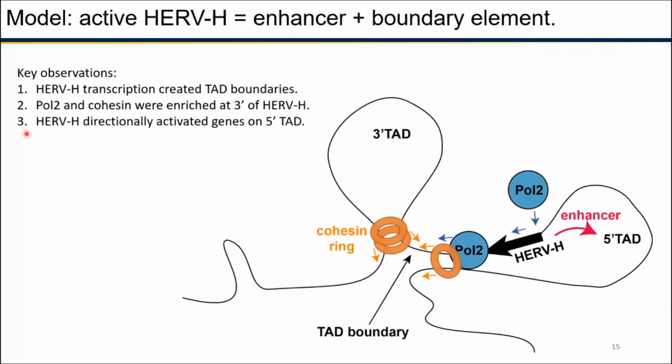So putting all this evidence together, we think that when HERV-H is being highly transcribed, it forms the TAD boundaries on its 3' end by Pol2 mediated cohesin localization or traffic jam, because Pol2 could be a physical barrier for cohesin. And in addition, the HERV-H promoters may serve as enhancers to activate genes on its 5' domain. However, because of the boundary, it cannot activate genes on its 3' TAD domain.